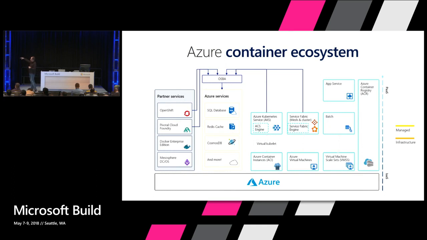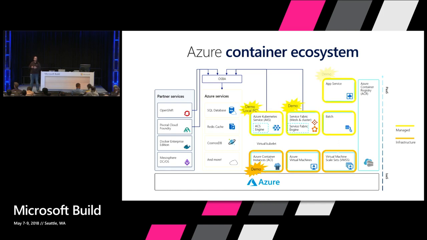So this is the Azure container ecosystem. As you saw, below are what is considered infrastructure: either VMs, VM scale sets, or ACI. And then up above, you can see other products like AKS with Kubernetes, or Service Fabric, or Service Fabric Mesh, which is more PaaS, and I will talk about that later on, batch or app service.